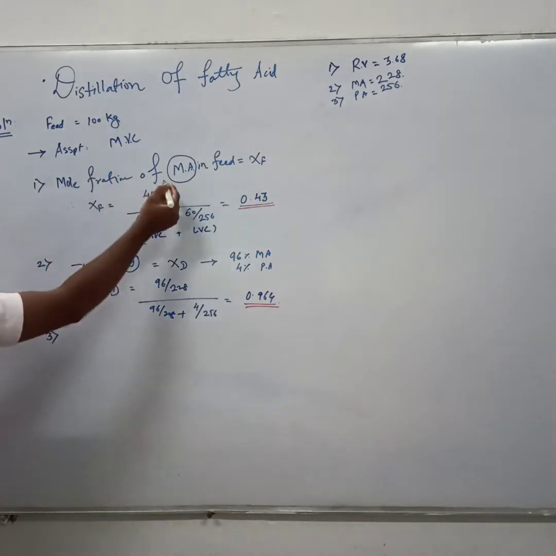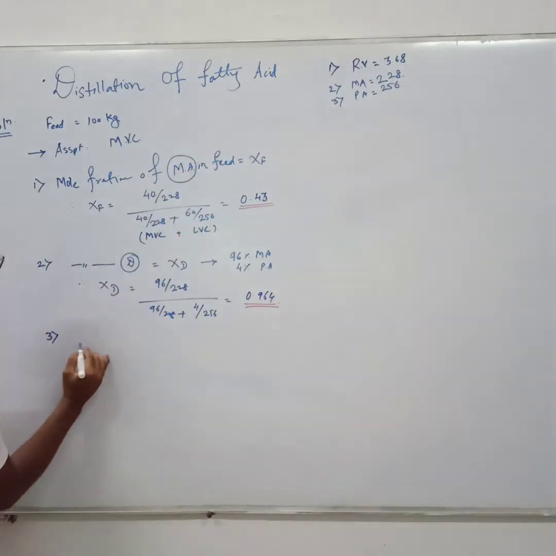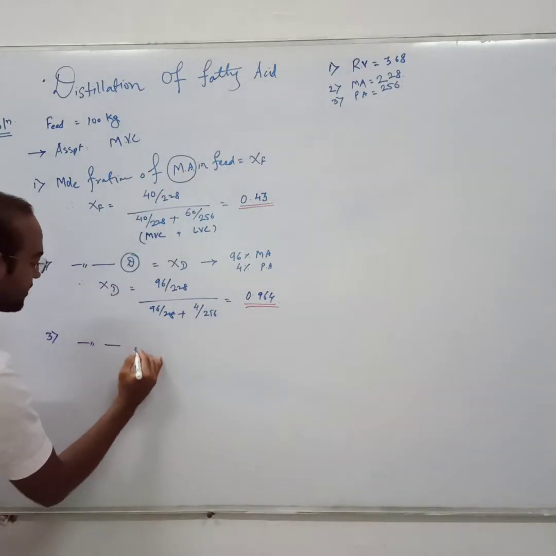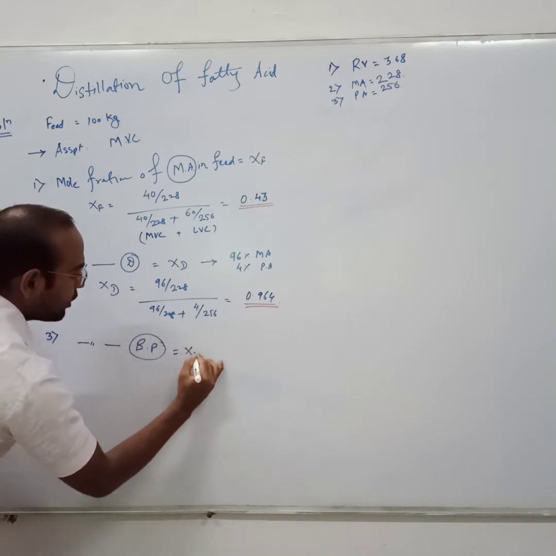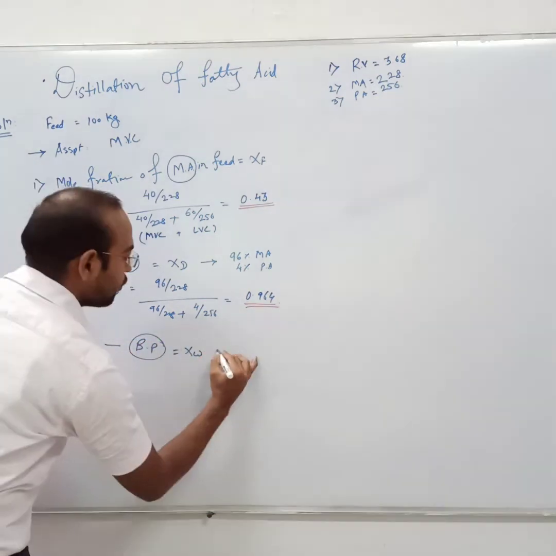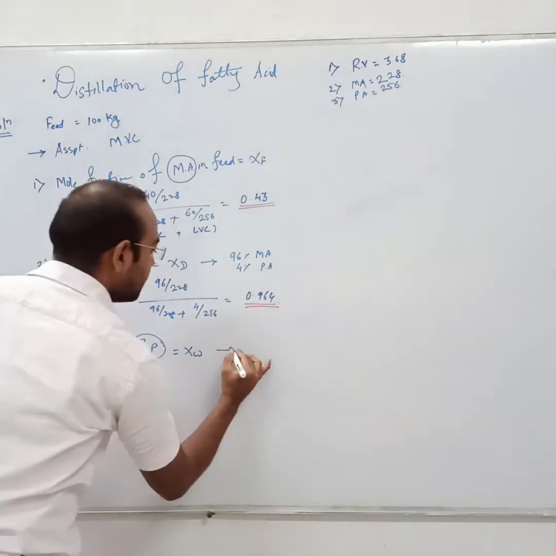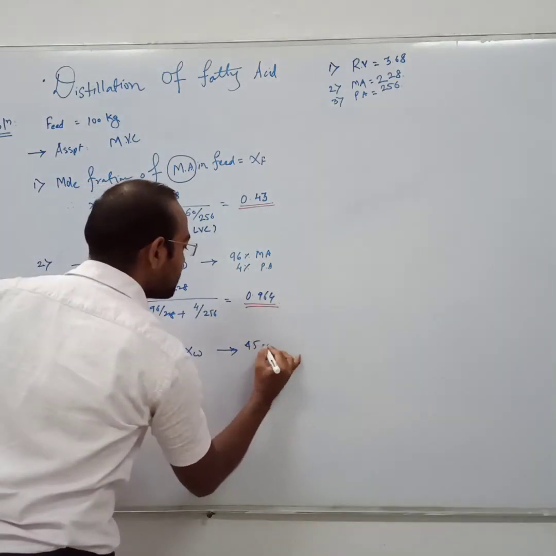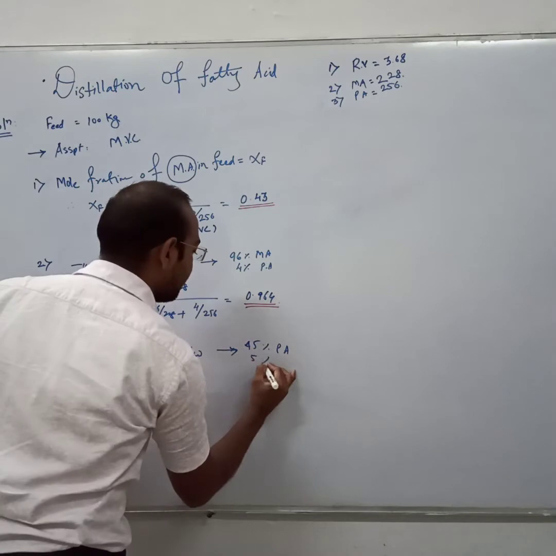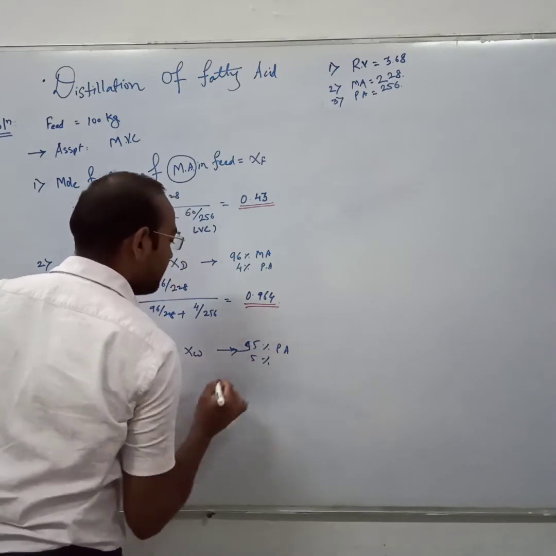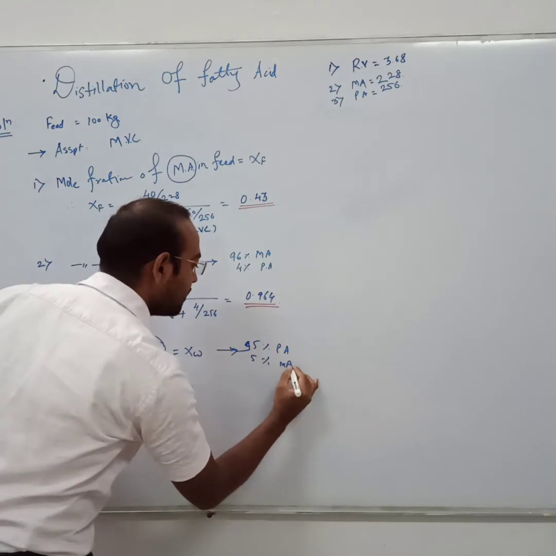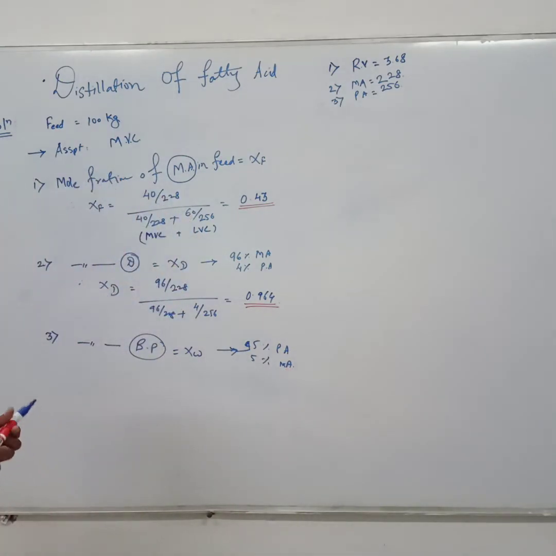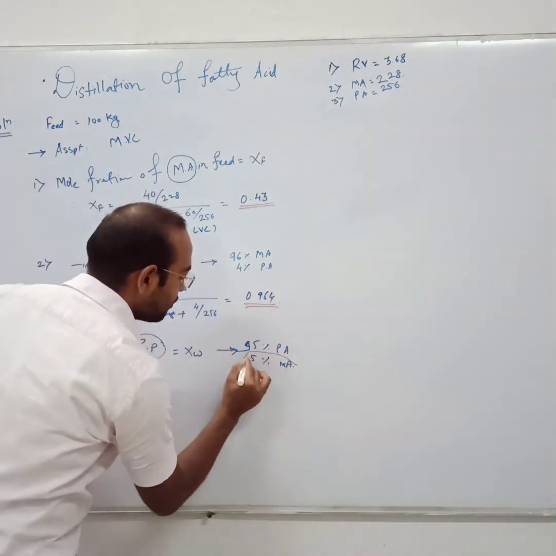Again, the mole fraction of malic acid in the bottom product, that is BP, denoted by XW. What is the composition of the bottom product? We are getting 95% of palmitic acid and 5% of malic acid. So we are focusing on this 5% of malic acid.